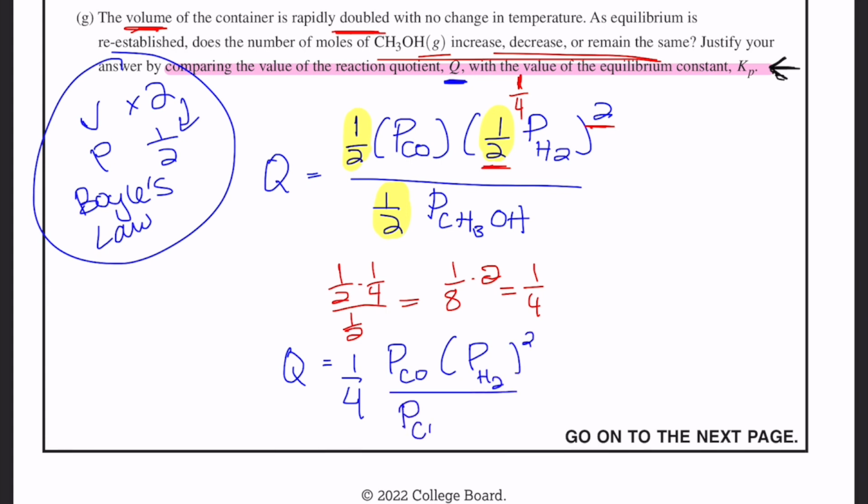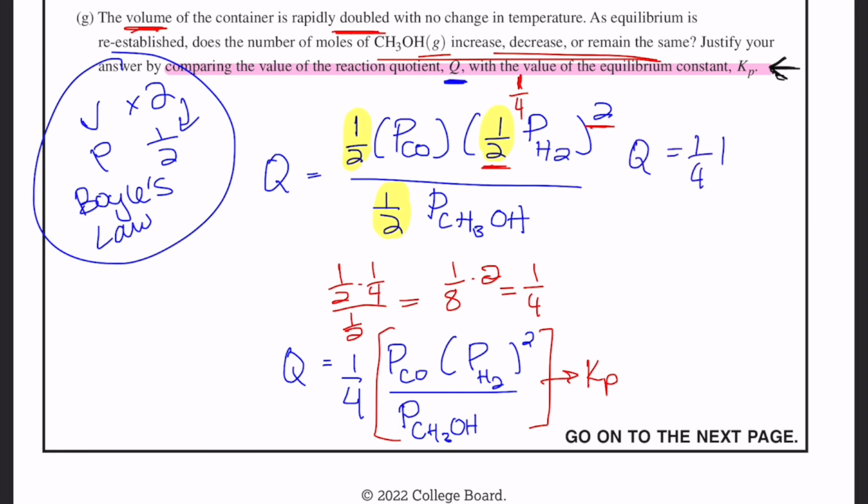We can recognize that this is the same thing as Kp. Therefore, Q is equal to 1/4 of Kp.